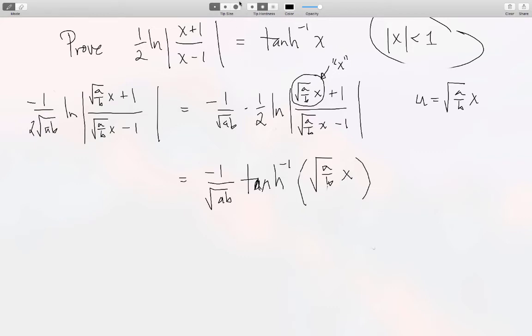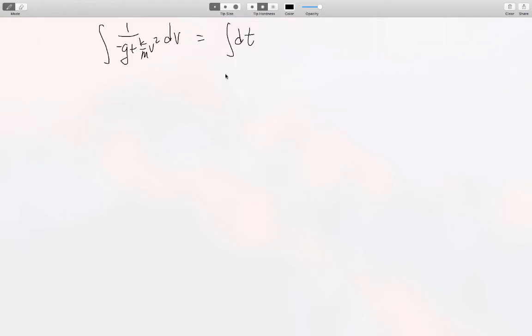Okay, so let's go back to finish off this differential equation. This left-hand side, I can write it as an ln, but I can also write it as -1 over the square root of AB hyperbolic tangent inverse of square root a over b. But the variable right now is v. The variable of integration is v. And okay, I had a constant on both sides.